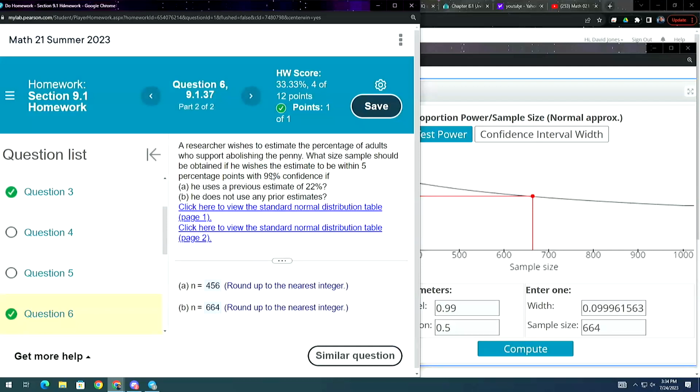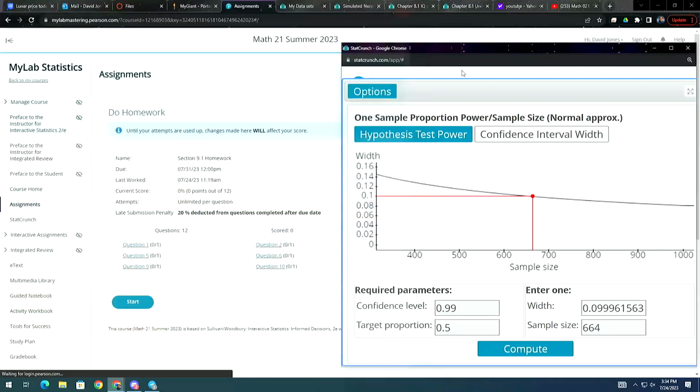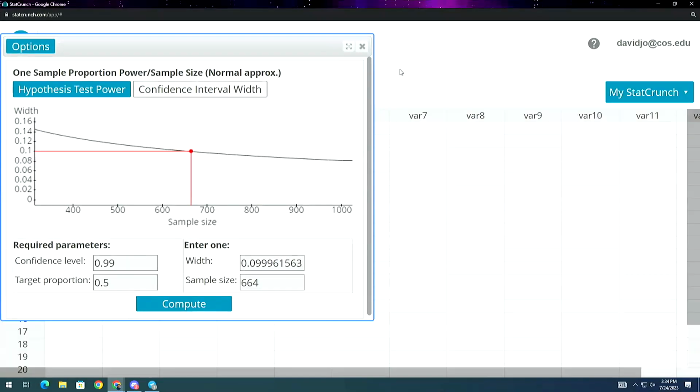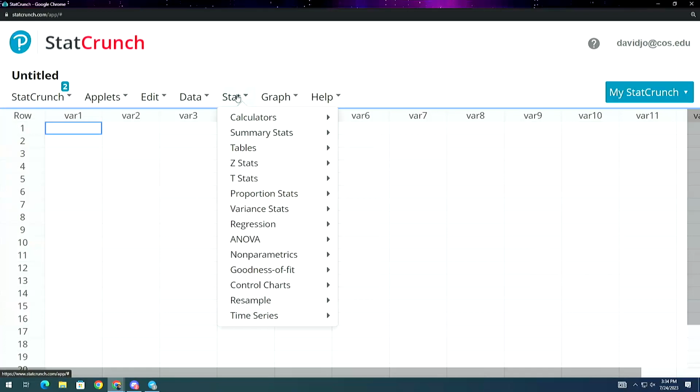Okay, that hit on everything you need in 9.1. Where we're going tomorrow is we are doing stuff with T-stats. T-stats will give us our mean, and then proportion stats.